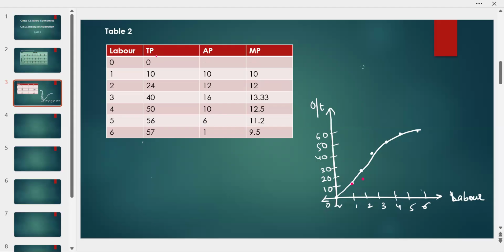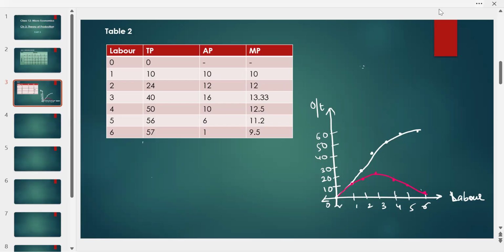On 3 units of labor, we have 16. And on 4 units, we have 12.5. And on 5 units, we have 11.2. And on 6 units, we have 9.5. All right. So I'll plot these values like this.